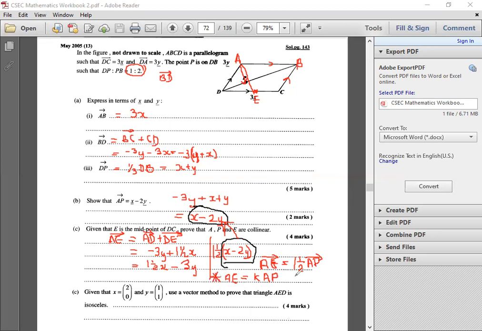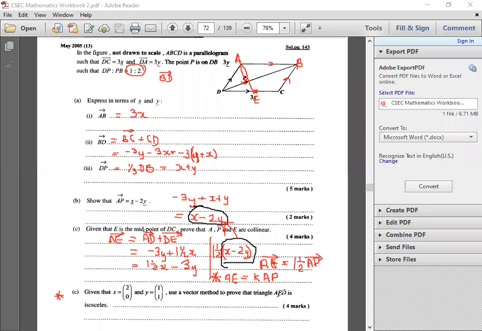All right. Any question? Because this is where we're going to stop. You can try this one on your own. Know the principle of an isosceles triangle.